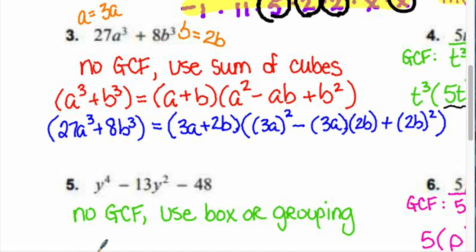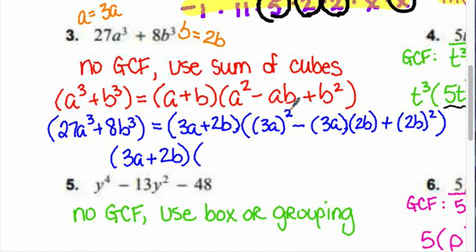The last thing you will need to do anytime you have the sum and difference of cubes formulas is to clean up the stuff in the parentheses. So we'll have 3a plus 2b. That's what I had right here. There's nothing I can do to simplify that.